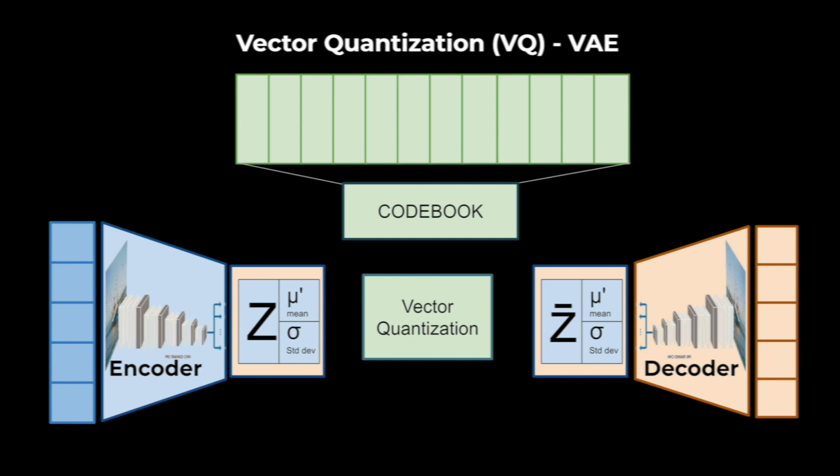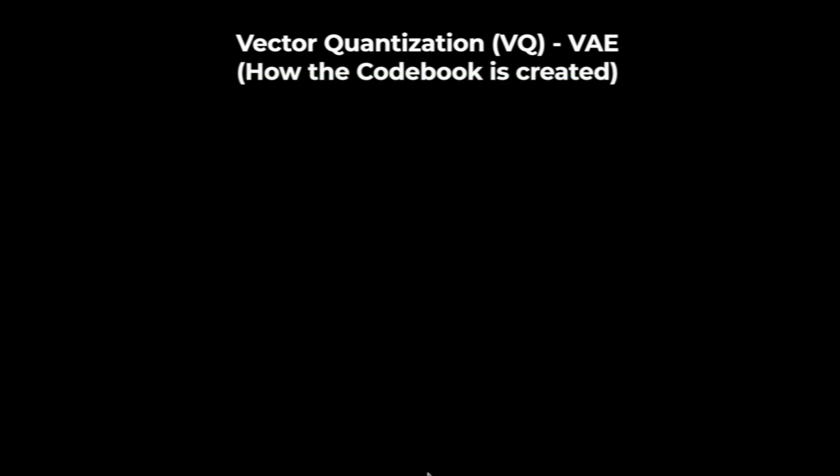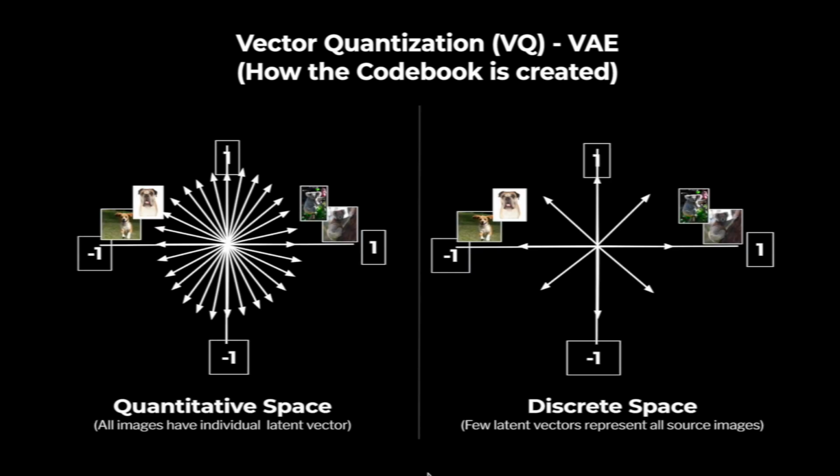To understand how the codebook is created, you first need to remember the continuous space. We have all encoded values for all input images. With the discrete space, we do not need all the encoded vectors for all the images.